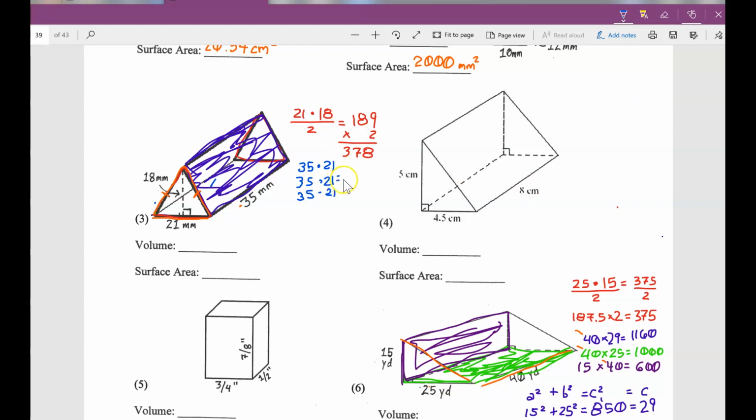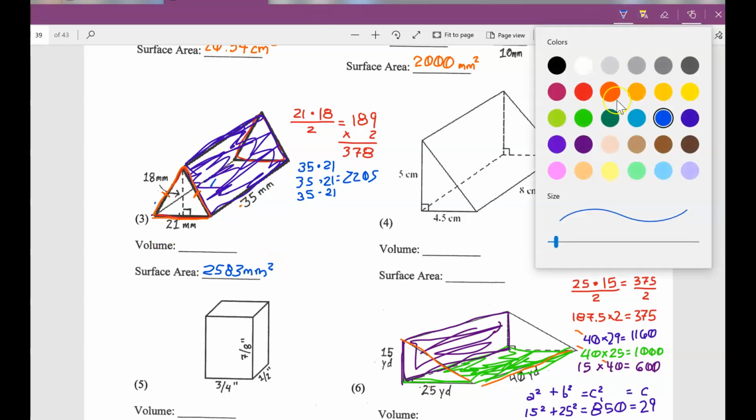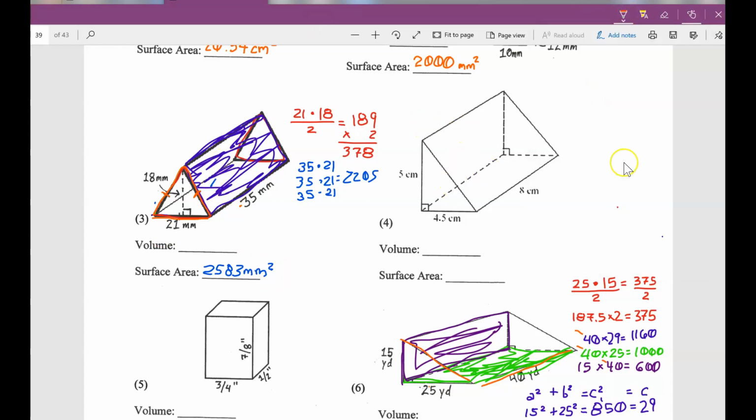That's 2205. And then we add that to the 378 from the triangles. We get a total surface area of 2,583 millimeters squared.